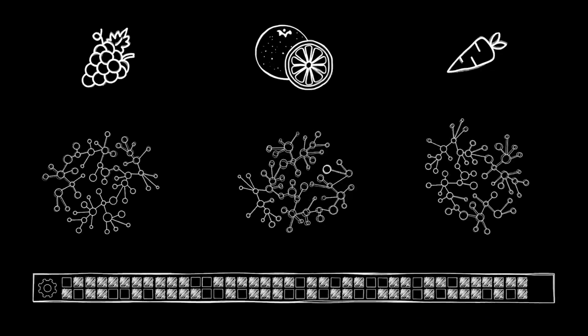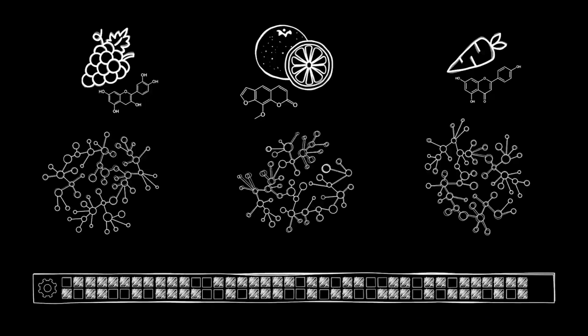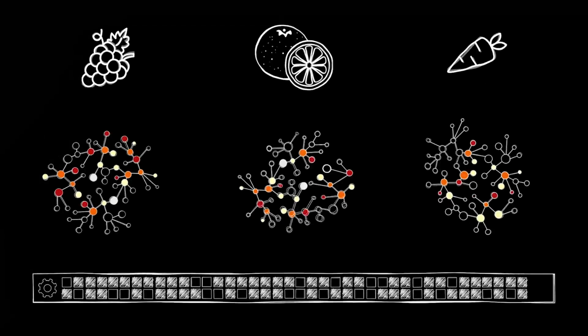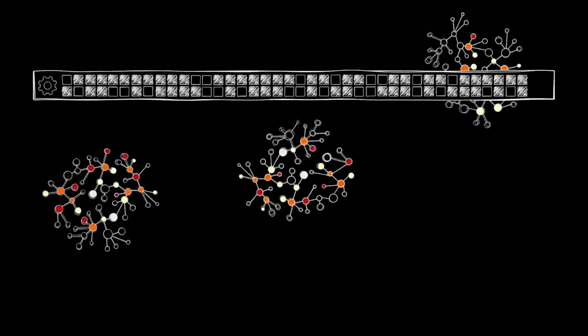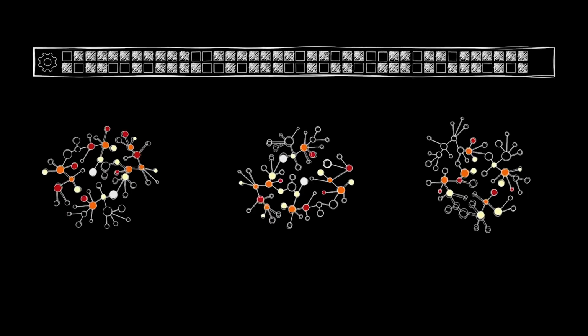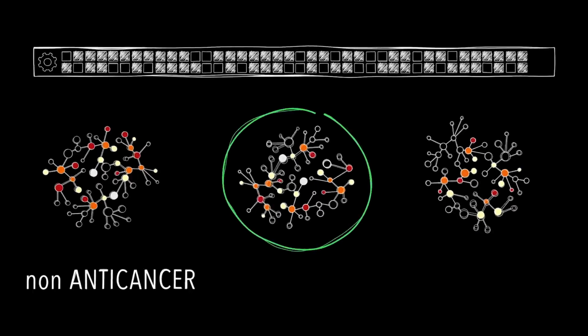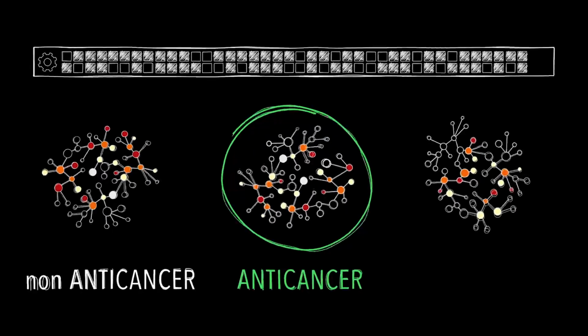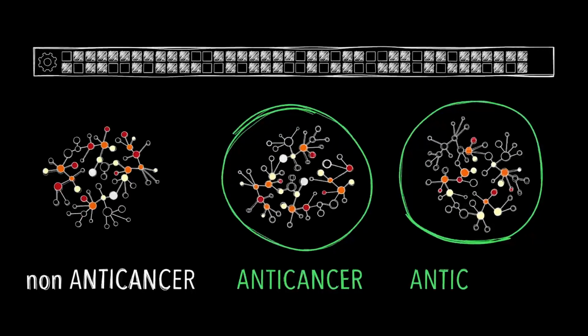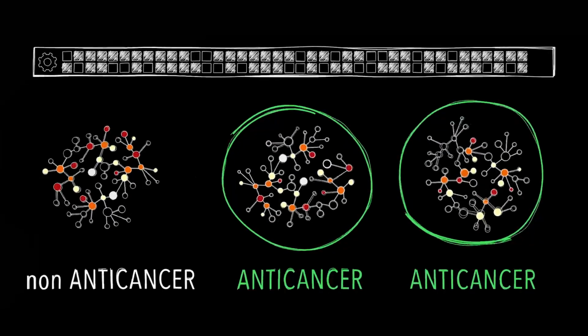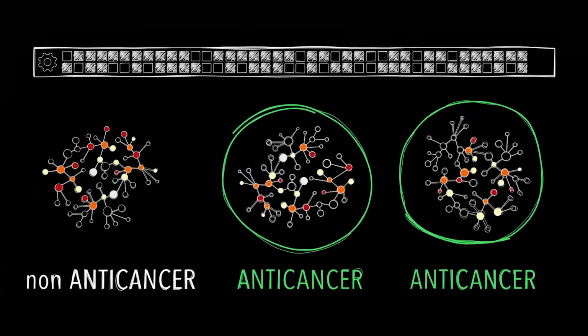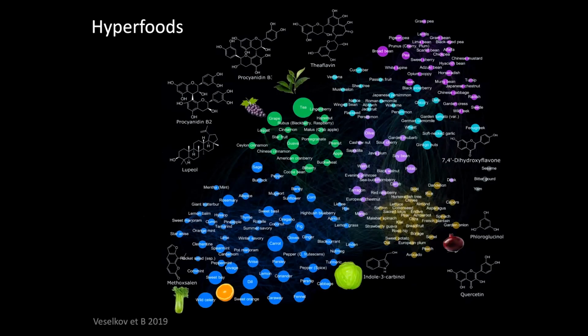And now we can apply this classifier to molecules, for example, contained in food. And this is what we have done with collaborators from the Faculty of Medicine at Imperial College, Kirill Veselkov. Basically, we apply this classifier to food-based molecules, which allowed us to discover foods that are rich with cancer-beating or cancer-preventing drug-like molecules.